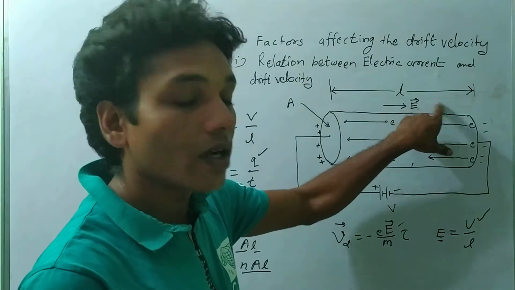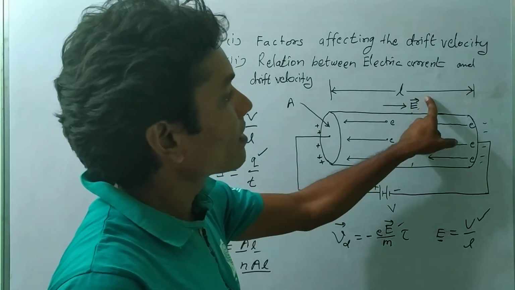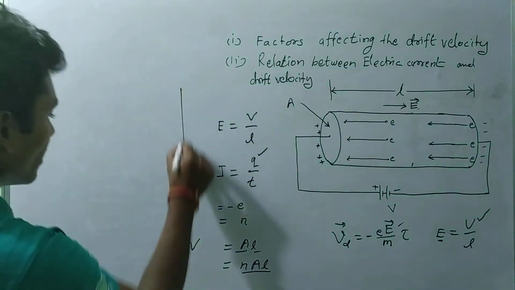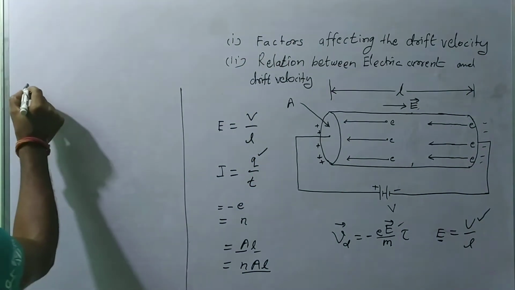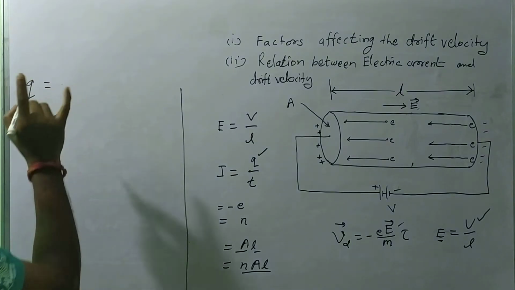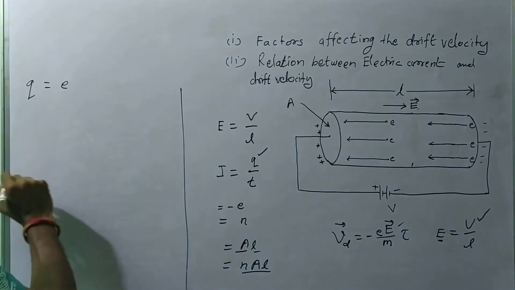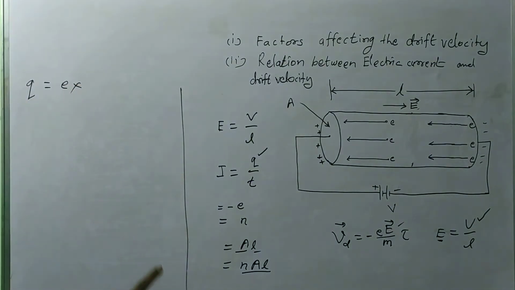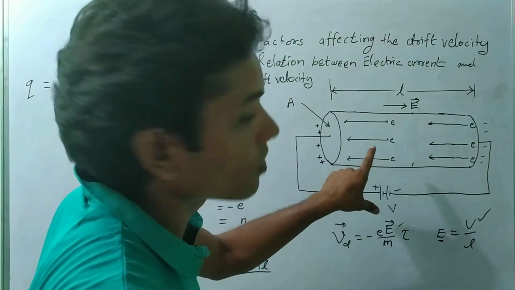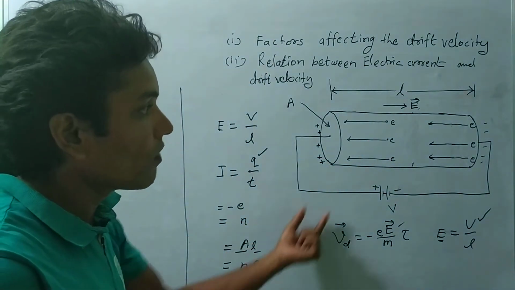Now, what will be the total charge contained by the conductor of length L? The total charge Q equals the charge of one electron, e, into the total number of electrons.